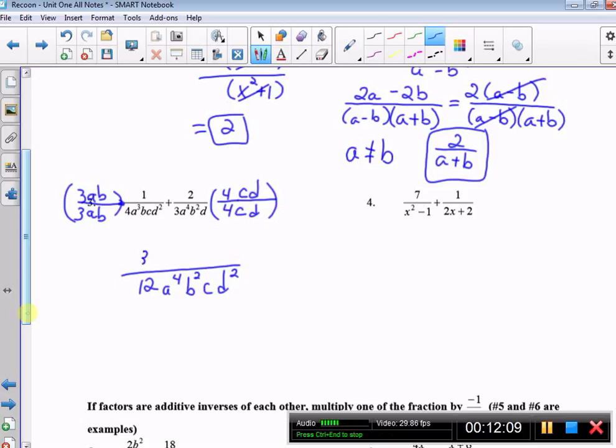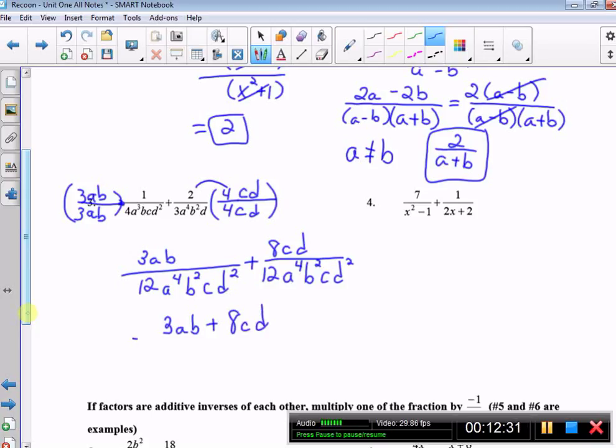And so we have 3ab over that, plus multiply these, 8cd over this should be the same denominator. 12 a to the 4th, b squared, c d squared. Identical, then just combine those numerators.